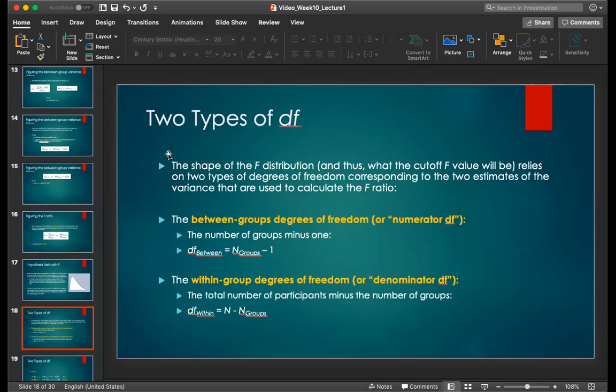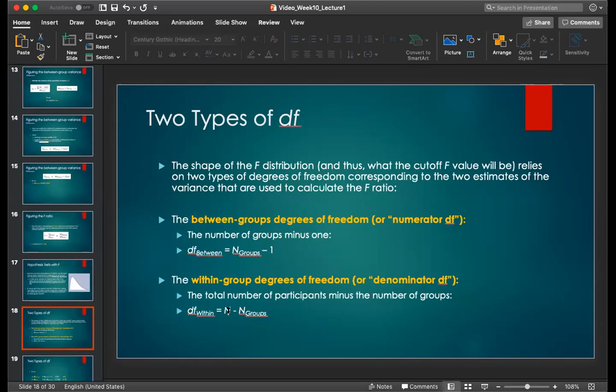Now, the shape of this F distribution, and thus what the cutoff value will be, relies on 2 types of degrees of freedom corresponding to the 2 estimates of variance that are used to calculate the F ratio. The between groups degrees of freedom, which we already calculated, the number of groups minus 1, and the within groups degrees of freedom, or the denominator df, which is the total number of participants minus the number of groups.